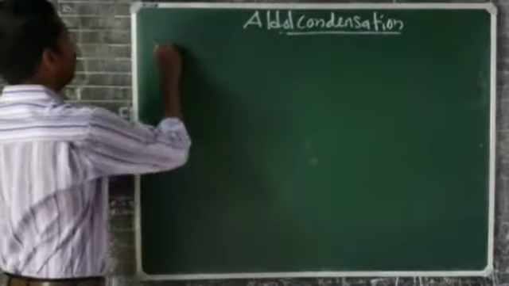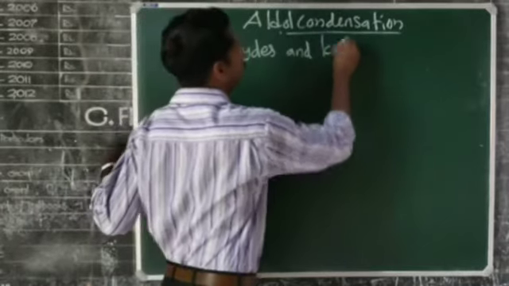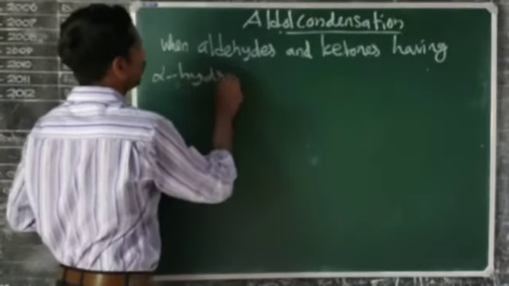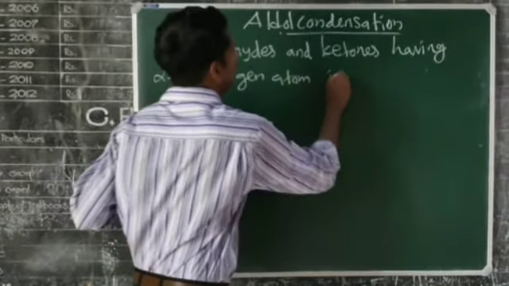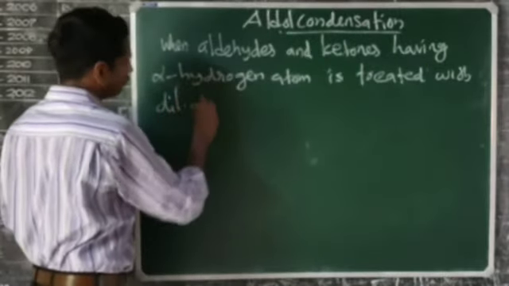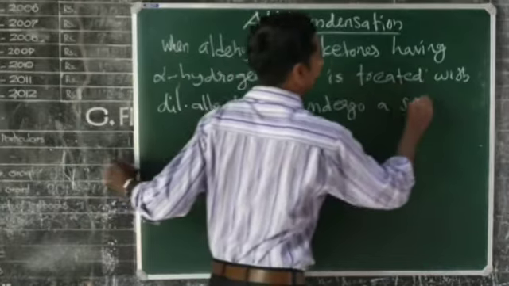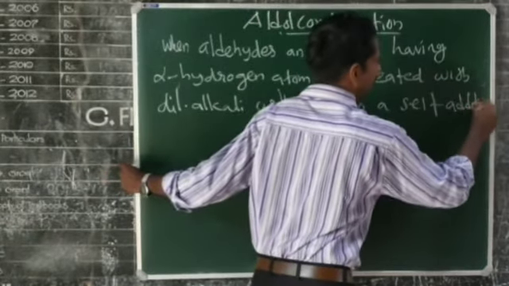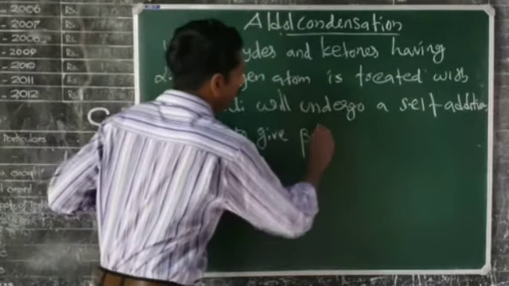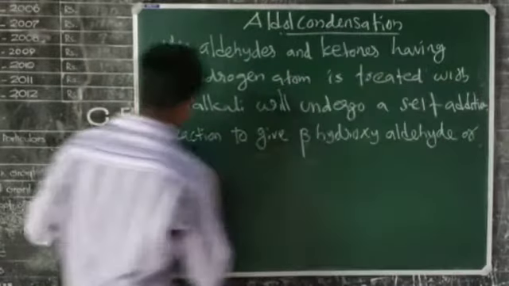So aldol condensation: when aldehydes and ketones having alpha hydrogen atom is treated with dilute alkali, will undergo a self addition reaction to give beta hydroxy aldehyde or ketone.